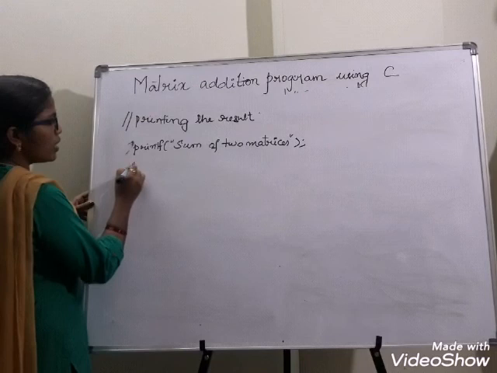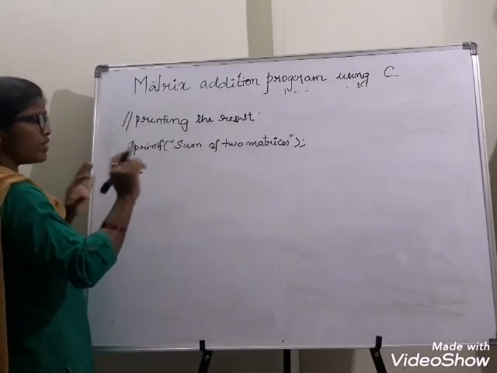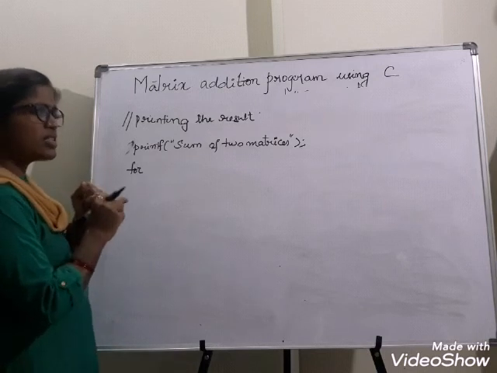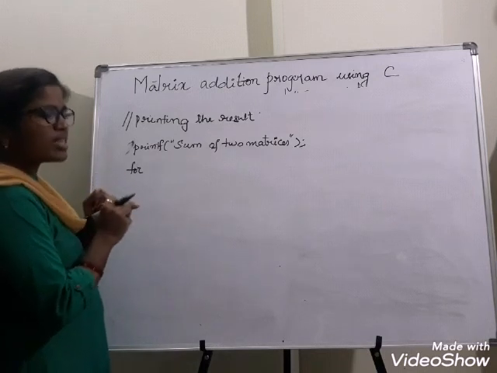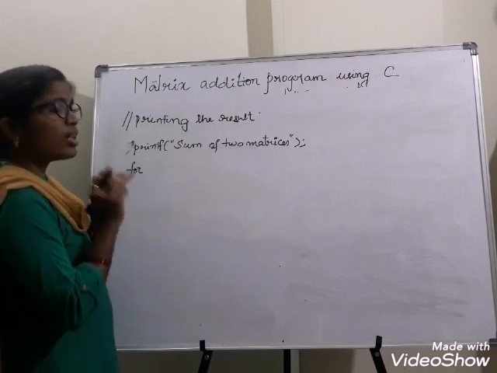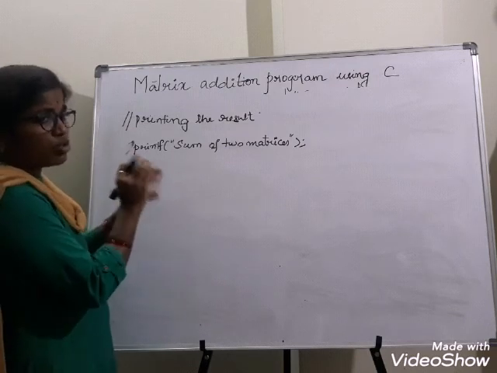Right? So here again I have to write all the variables, right? For i equals to A00, A01, A02 and A10, A11, A12. So all the numbers must come here to display.